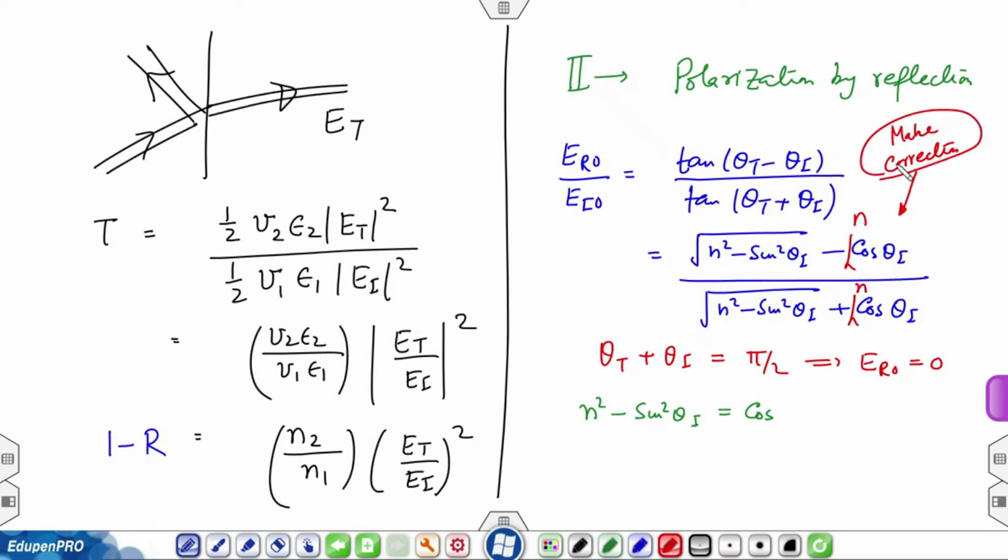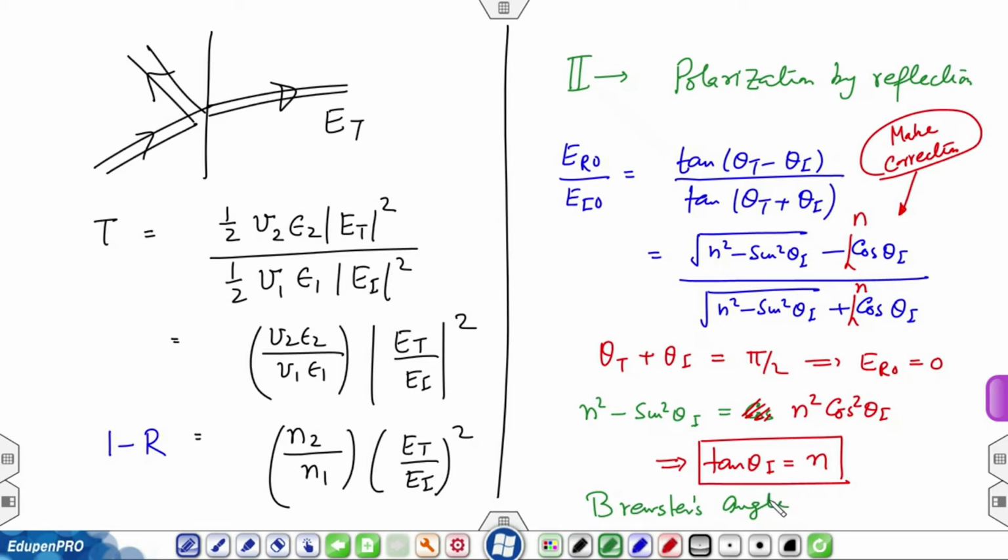So, if n square minus sin square theta I is equal to n square cosine square theta I, then also you would have the same condition, which is equivalent to the condition that I just wrote, and this gives you tangent of theta I is equal to n, and this angle is known as Brewster's angle.